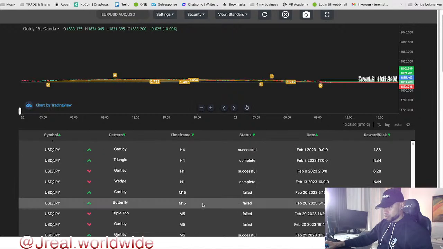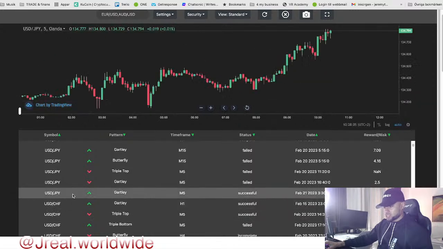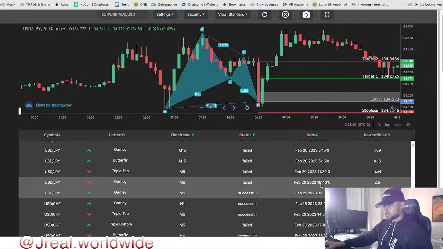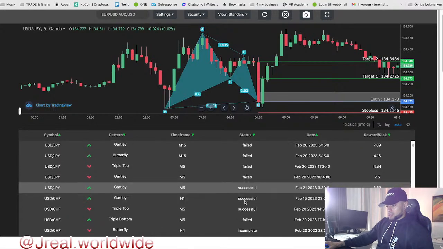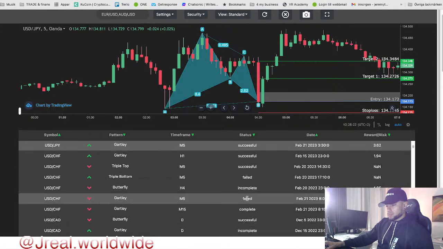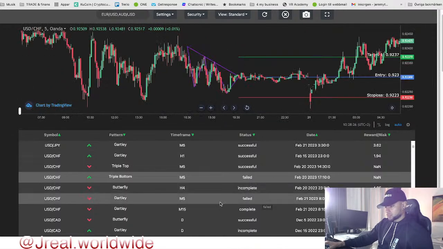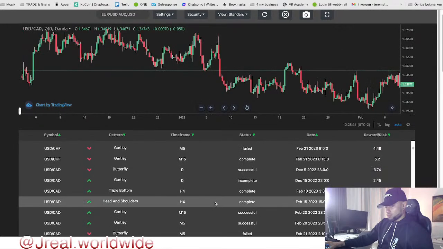Something that recently completed. USD JPY is always interesting, but this one is far gone. Oh shit. Yeah, this was a good trade. Entry, wicked down a little bit, and then just broke all profit targets. Smashed all the profit targets. Same with this one. I need something more fresh.